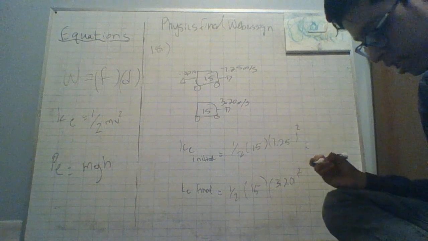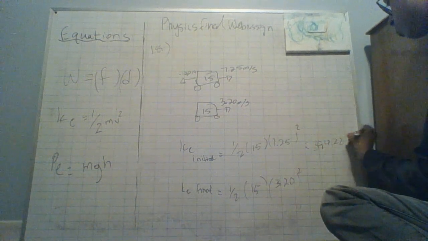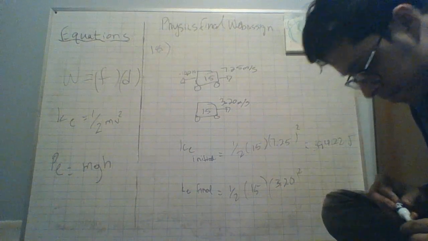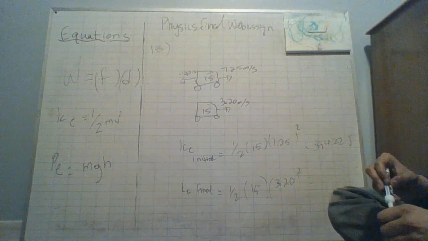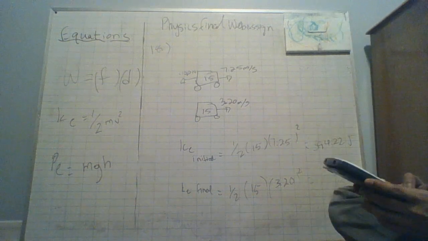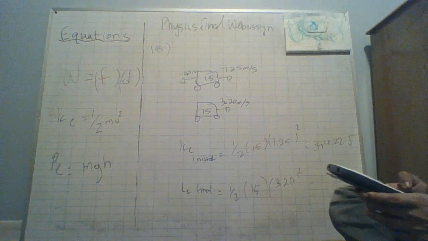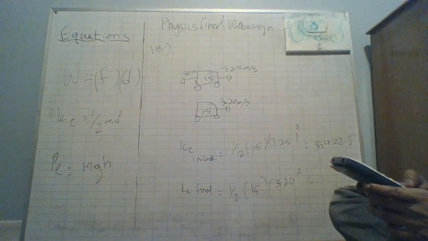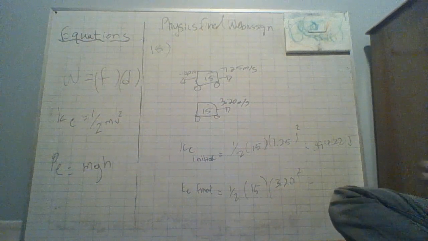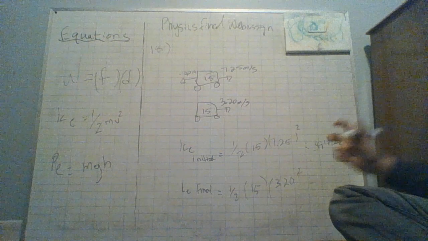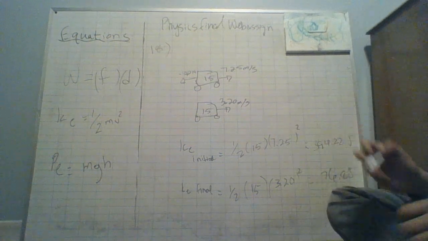Now for the initial kinetic energy, you have 394.22 joules. On the bottom you have 1 divided by 2 times 15 times 3.20 squared, so you get 76.8 joules.